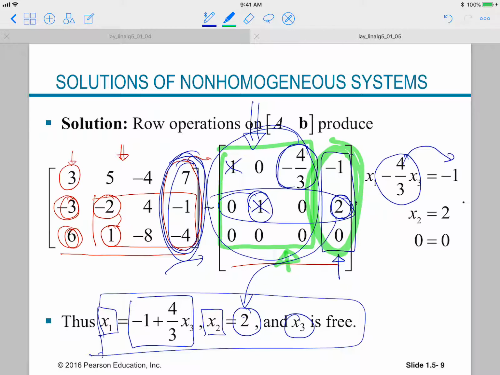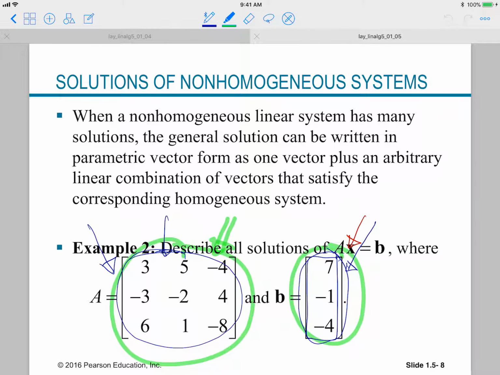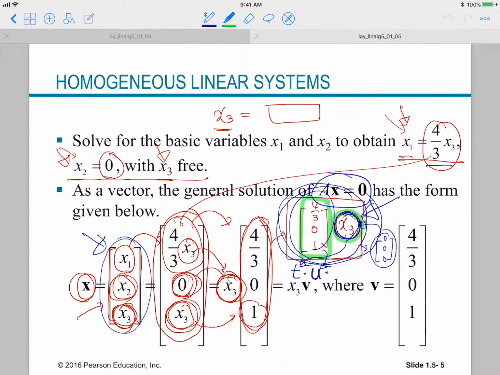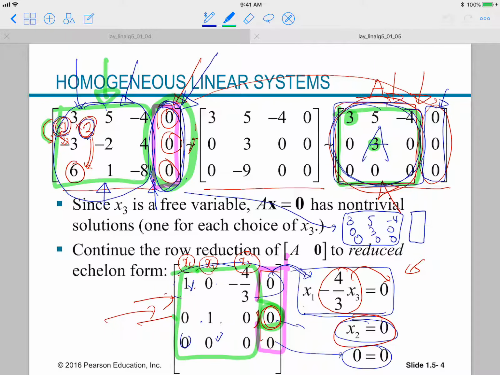So here, previously we had zeros. We had all zeros in this case, right? So it didn't have any additional constant vector other than just a zero.